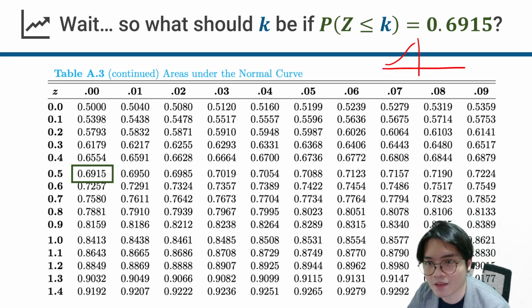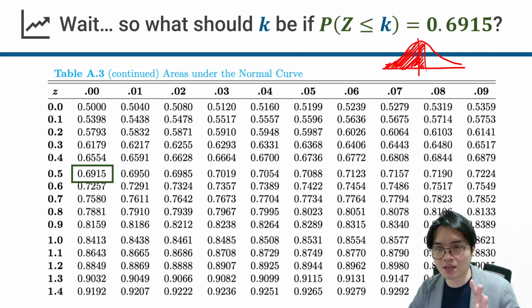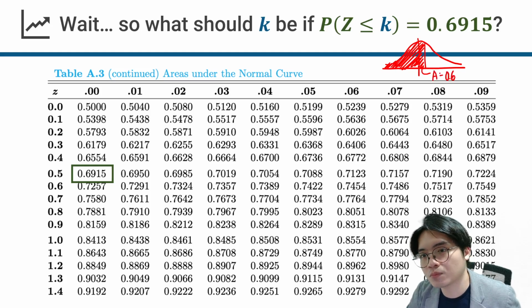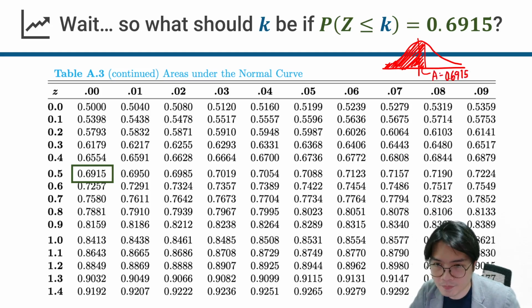Say, for example, we have this bell curve right here, and we start shading from the left all the way to the right, and then we stop at a particular value. And then we say, oh, wait a second, this area that I've shaded is 0.6915. What is this value that I stopped at?